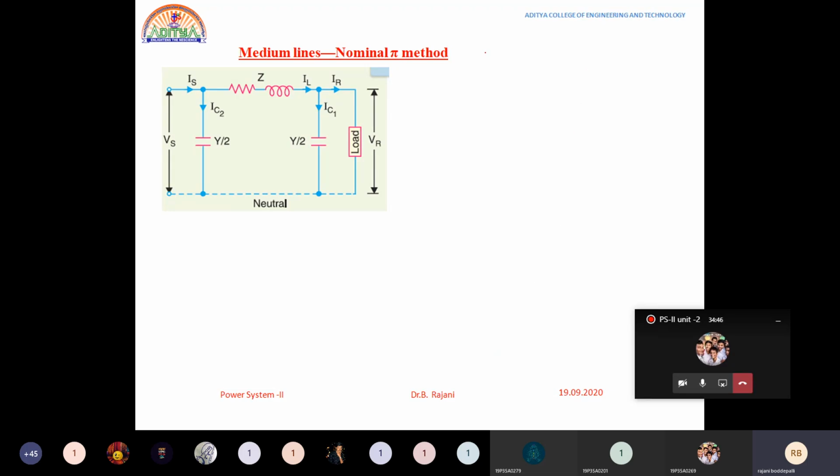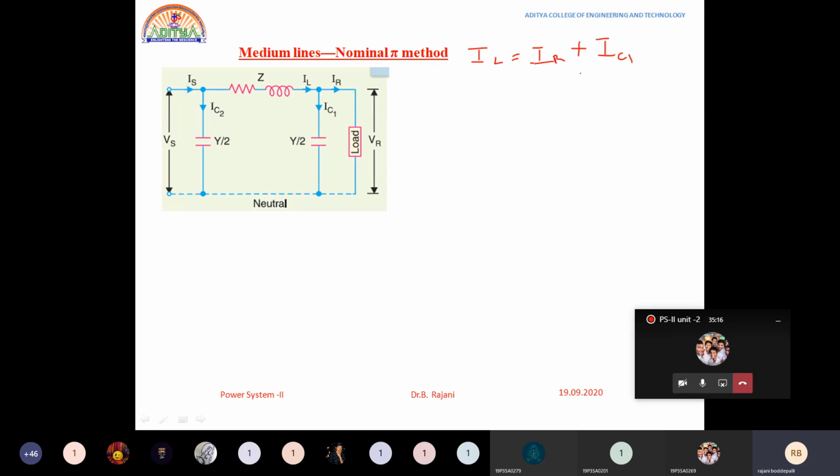I will substitute the values of IL. These are all from the figure itself. IL is equals to IR plus IC1. From the equivalent circuit diagram only we have to resolve all these formulas. At this particular node, entering current is equals to the leaving currents. Now how can I write this?